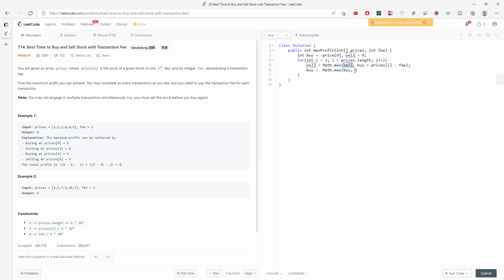Your profit is sell minus price at i, because if you want to buy again, you are losing money. So you use the profit from the sell to buy at the current price. So you want to find out the maximum of negative 1 and negative 3. Which one is the maximum? It is negative 1. So this is the logic, and now you have to return your profit.